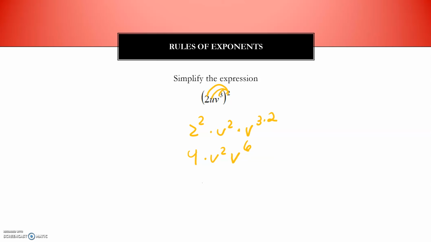This is the rule that if I have a b to the power of m, I apply it a to the m times b to the m, and then you could say you continue c to the m, d to the m, whatever number of terms you have inside those parentheses. Okay, and then the same rule applies, multiply your exponents.